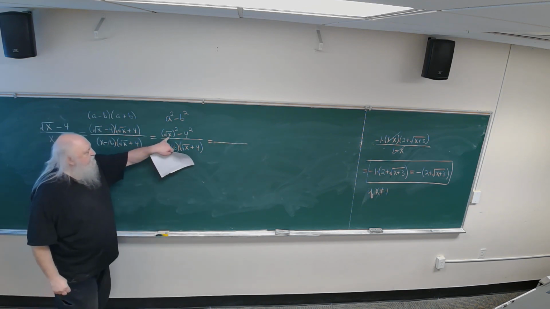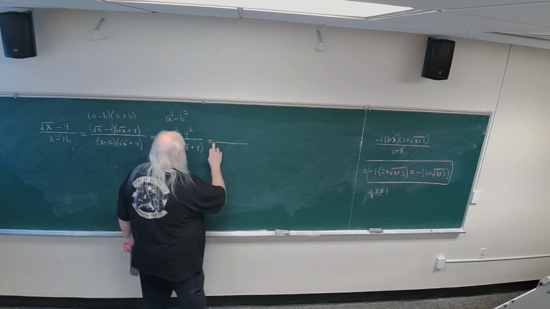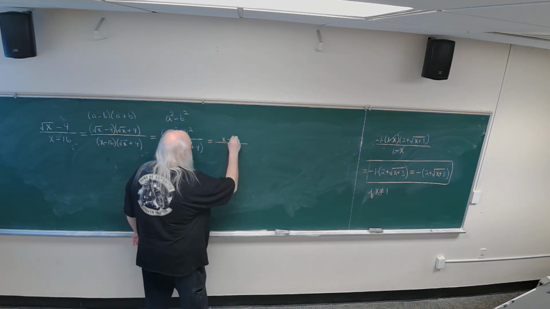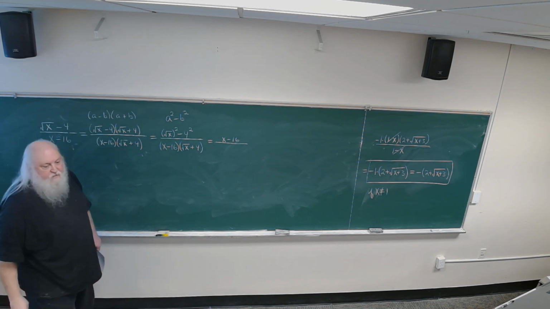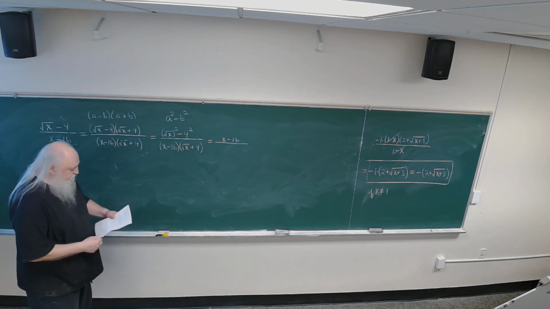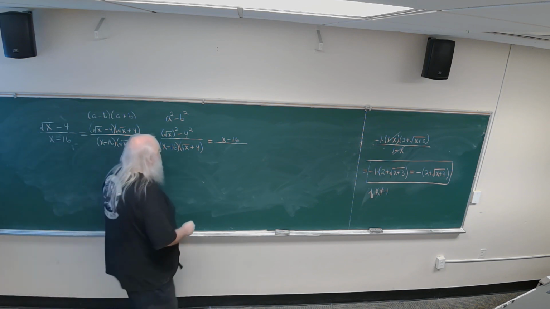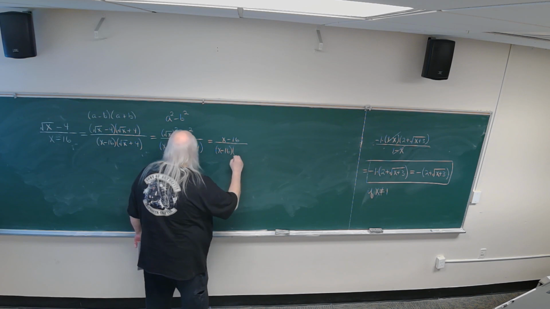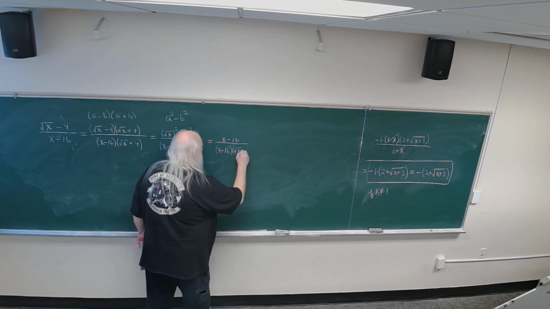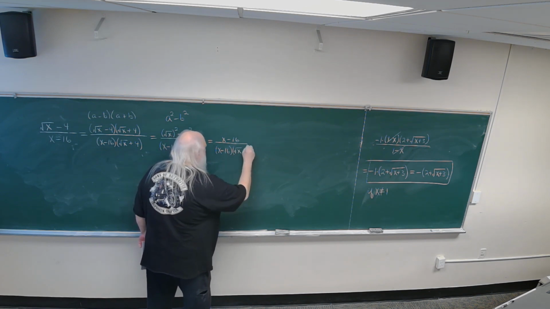Well, square root of x squared is x, and 4 squared is 16, right? So the numerator simplifies to x minus 16. And in the denominator, we have x minus 16 times the square root of x plus 4.